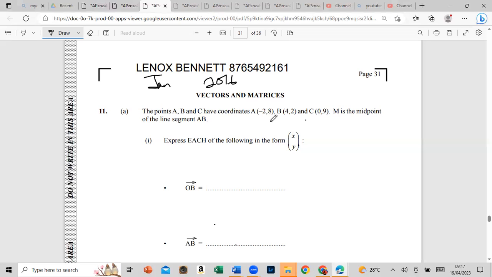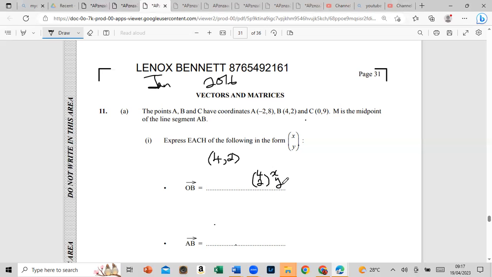So if the point B is at 4, 2, and they ask for OB as the position vector, all we're gonna do is literally take this 4, 2 right here. So B is 4, 2, and that's how easy it can be at times. They wanted to put it in column form, so X goes at the top and Y goes below. This is our X and this is our Y.